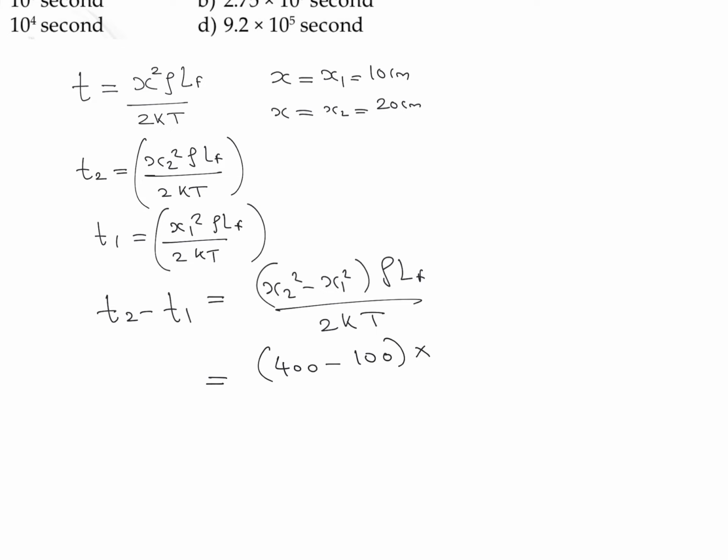In this question it is given 0.92, into latent heat of fusion, which is nothing but 80 calorie per gram, divided by 2 into the value of K, given as thermal conductivity in the question as 0.004 calorie per centimeter per second.